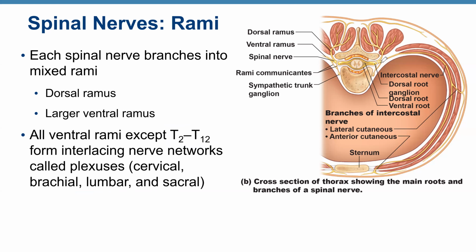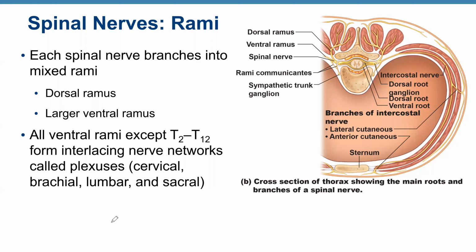Well, they form over here a nerve that's called the intercostal nerve, and they innervate muscles of the abdominal wall, so that's the lateral, anterior abdominal wall. And the dorsal ramus moves back and innervates muscles of the back.